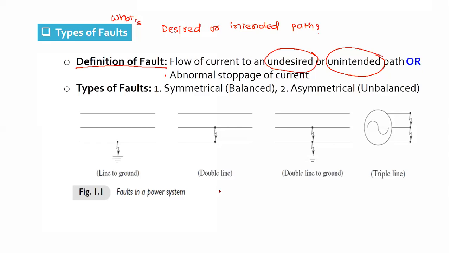Very good, Apuru. Very good. Anyone else? Okay, Ashok, you are talking about DC system. We are talking about power system, which is a three-phase AC system.